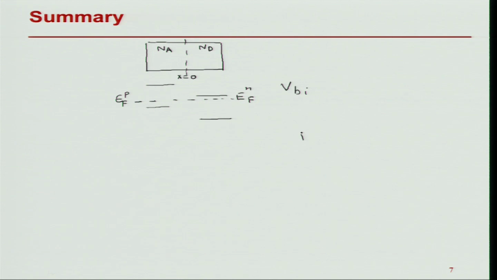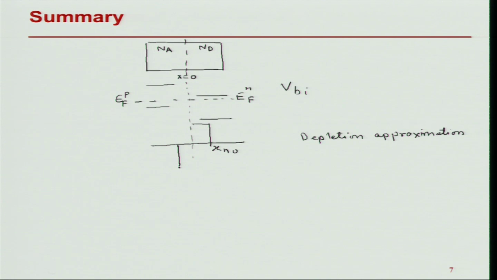Then we used the depletion approximation to show how the charge is distributed inside the junction, because we know the electrons and holes have diffused from high concentration to low concentration, thereby creating a field. In that approximation I can plot my charge and define a depletion width for the junction, which depends on how I have done the doping.